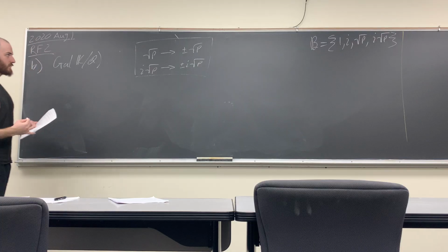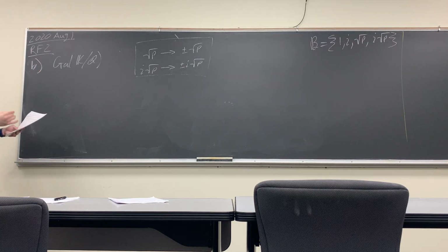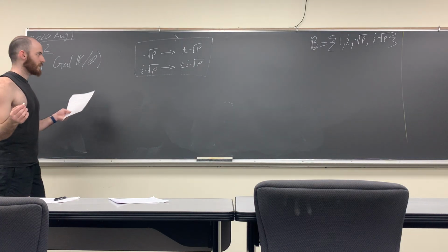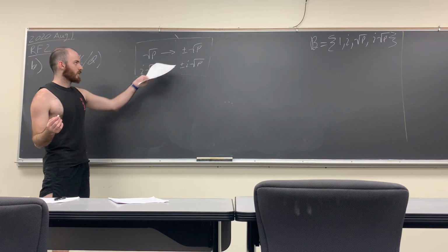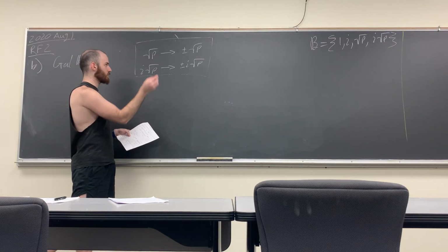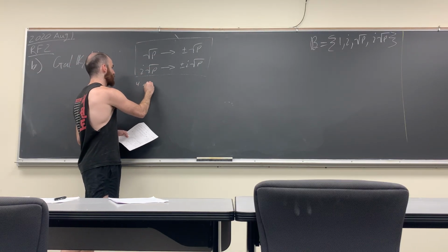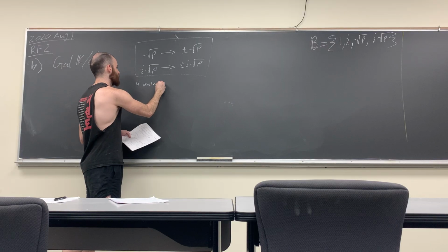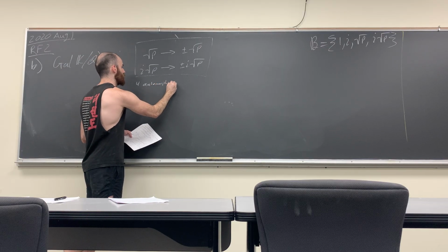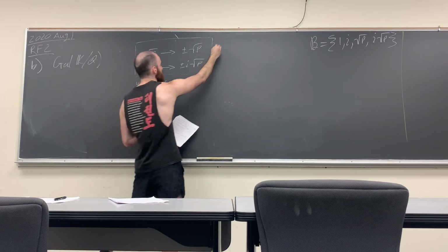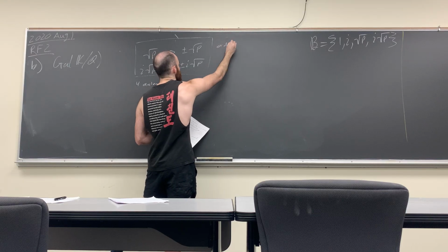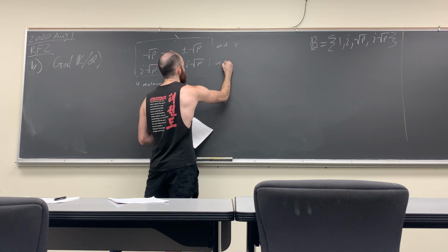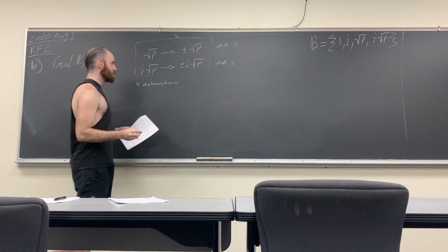So with that in mind, whatever automorphisms we have have to align with this. So we're going to have 2 times 2, or 4 automorphisms. And this one is order 2, no matter what you pick. This one is order 2, no matter what you pick.